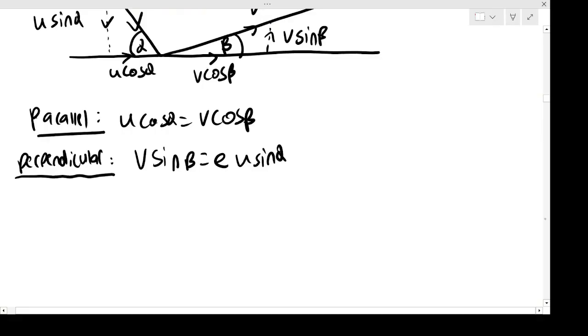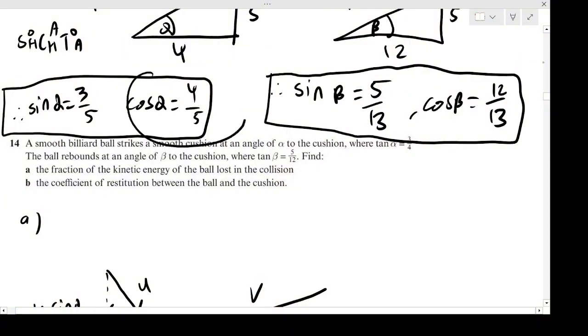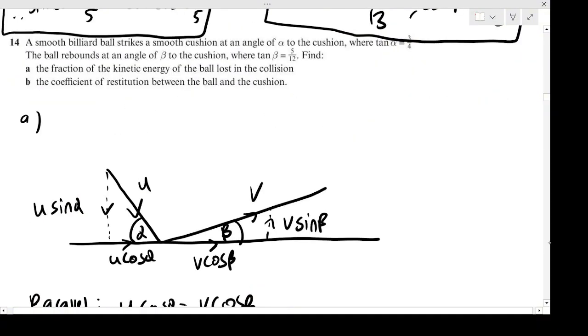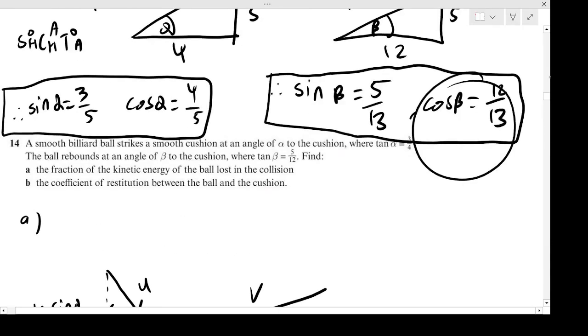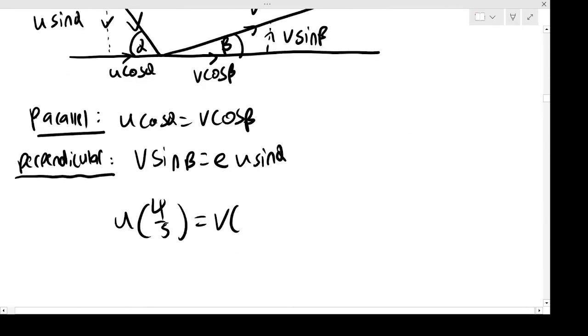So for the first one, u lots of cos alpha, but we know that cos alpha is 4/5. So u lots of 4/5 is going to be v lots of cos beta. Now cos beta is 12/13. Okay, hopefully happy with that. So this simplifies to 12/13 v is going to be 4/5 u.